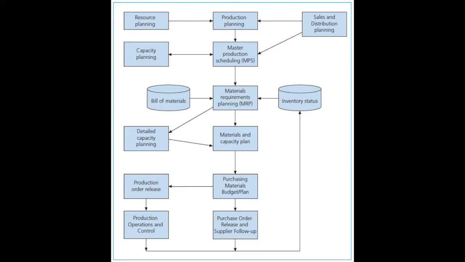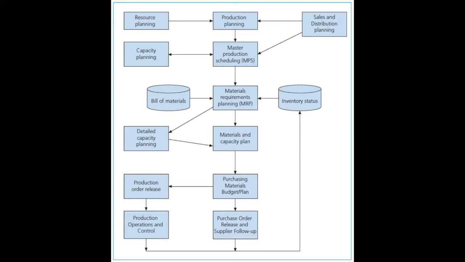So everything starts with sales having a general view, a general target of what the company will be able to sell, and it starts with a master planning at the very general level, in terms of product families, not single products, but the overall family for a long horizon. It could be next year, it could be next semester.